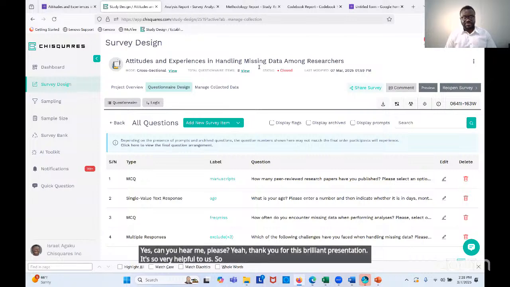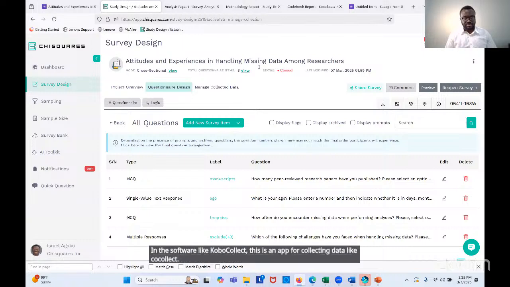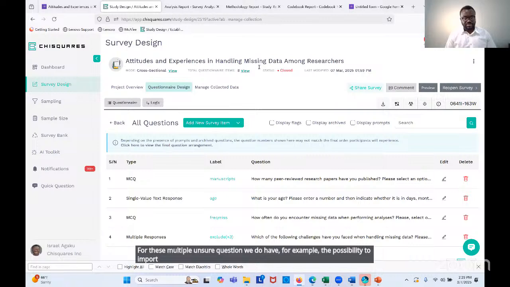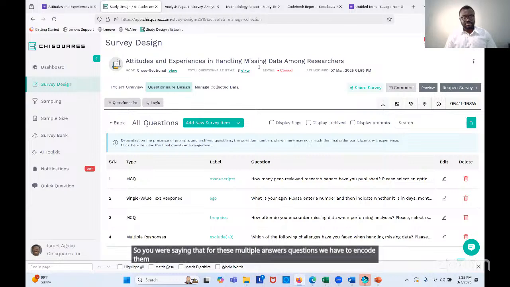So my question is that in software like Kobo Collect, an app for collecting data, for multiple answer questions we have the possibility to encode the answers. For example, for choice A we put a figure, for choice B another figure, until all the choices we need, and people can select among them. You were saying that for these multiple answer questions we have to encode them as 0 and 1.